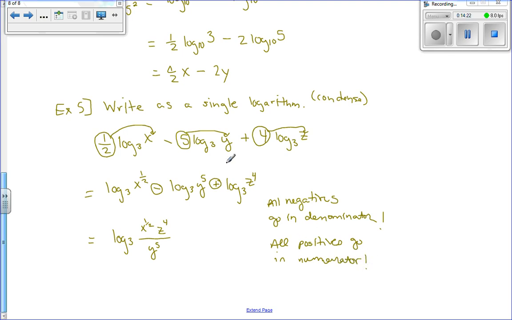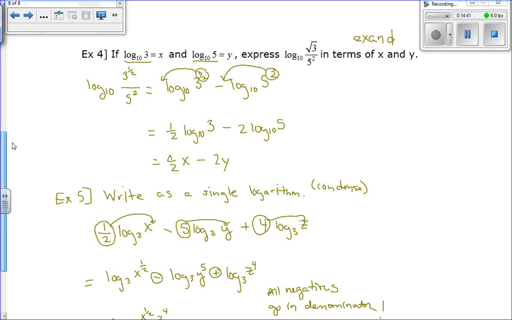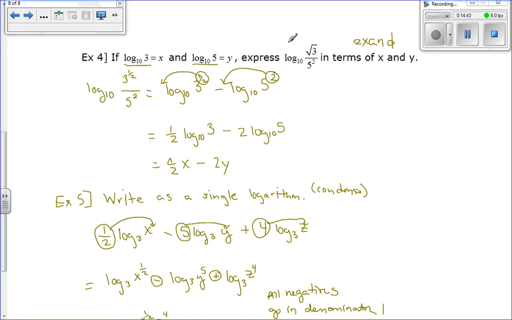Okay? So when it says to write it as a single logarithm, we're going to condense it. We're going to take all 3 of these terms and turn them into one log. And we're only going to use the log with its base once in the final problem. If you go back up to example number 4, you see that they gave you the problem as a single logarithm. Okay? And then what we did is we took it and we expanded it.